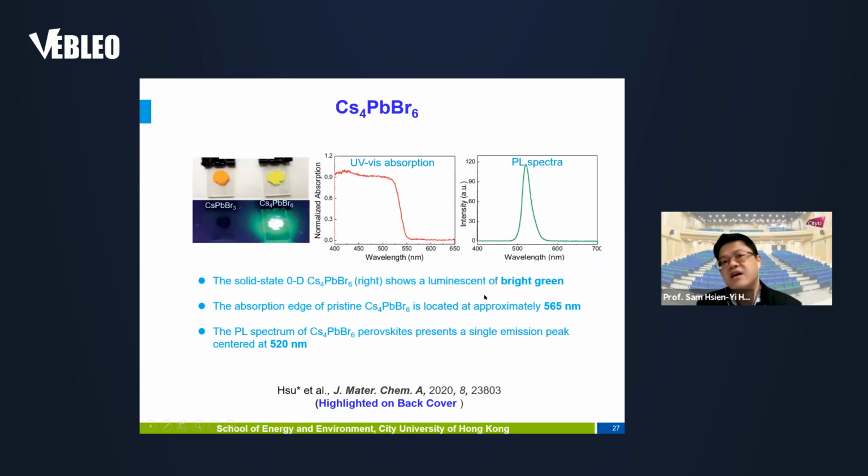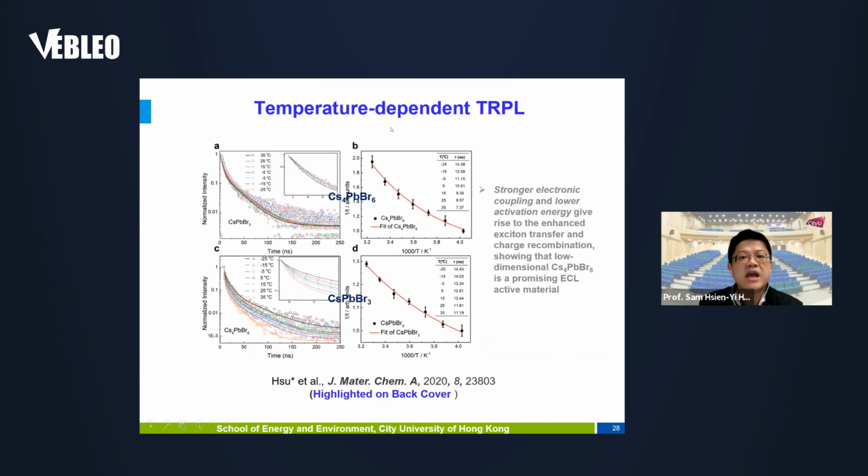We are also interested in low-dimensional perovskite materials. After confirmation by temperature-dependent TRPL, we are sure this zero-dimensional Cs4PbBr6 shows stronger electronic coupling and a lower activation energy, leading to efficient charge transport.